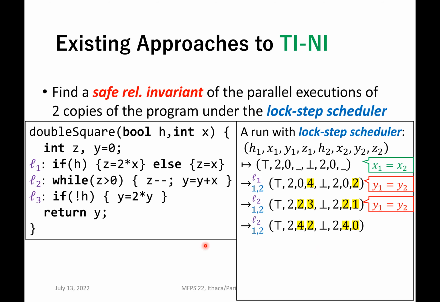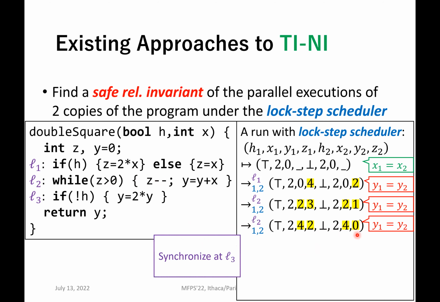We repeat: we again schedule both copies and update the state. And please note that now the second copy exited the loop because the value of z is now 0. The lockstep scheduler now tries to synchronize at L3 by scheduling only the first copy.